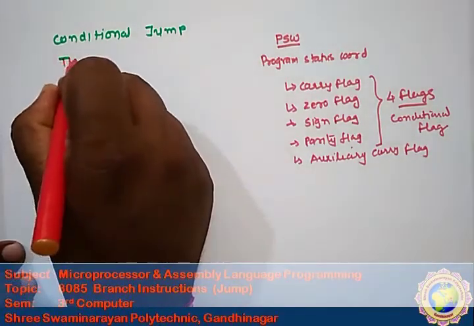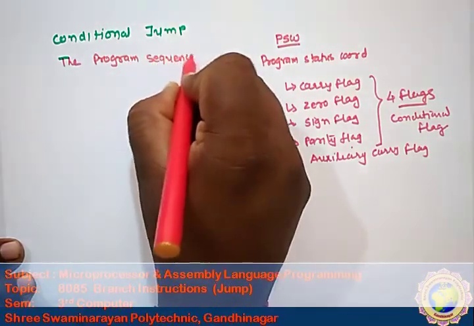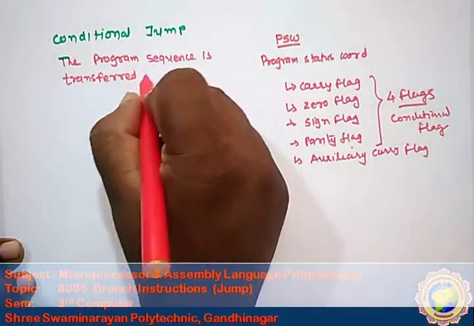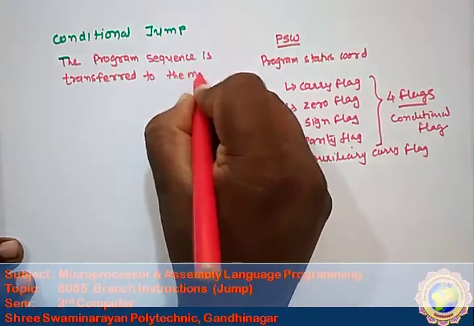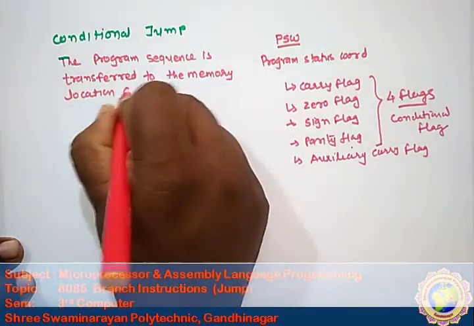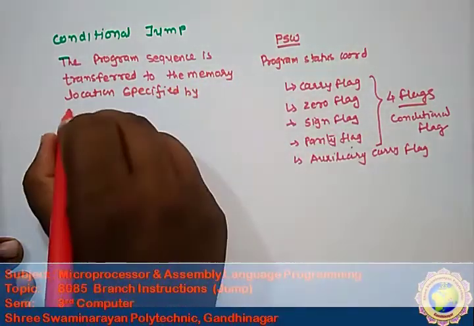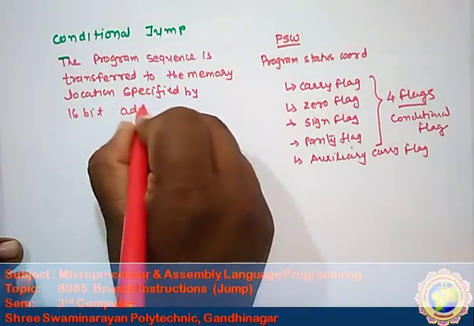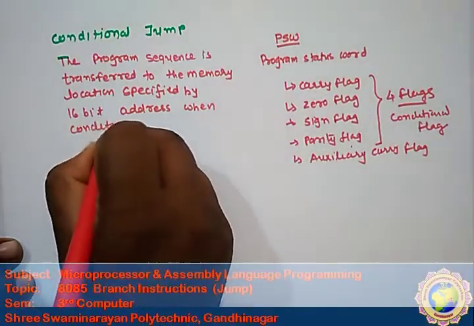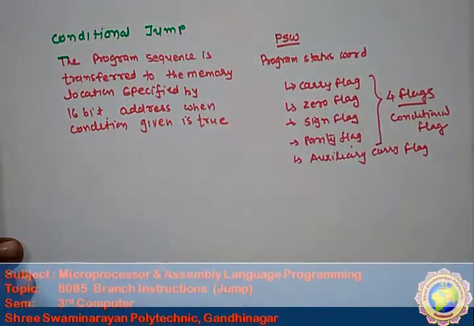The program sequence is transferred to the memory location specified by a 16-bit address when the given condition is true.